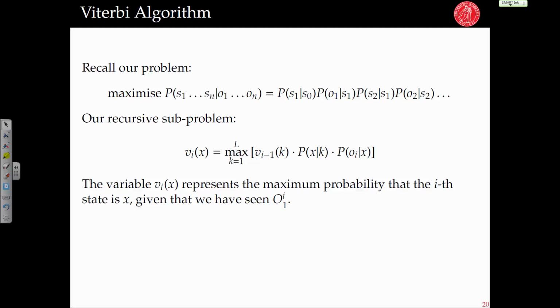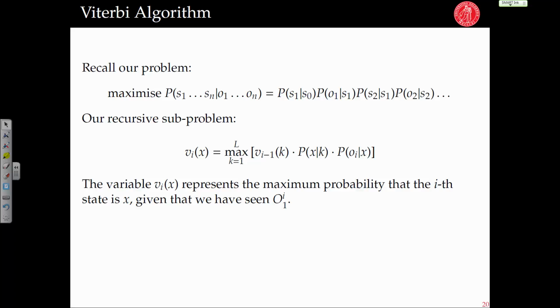Again, vi of x is the maximum probability. The maximum is important here. So it's the maximum probability of state x at time point i, given that we have seen the observation sequence up to i.